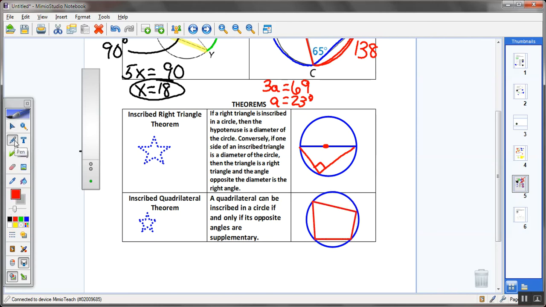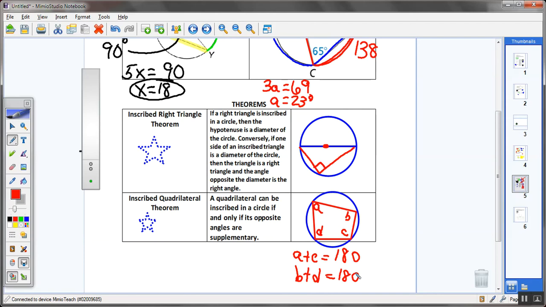It says a quadrilateral can be inscribed in a circle if and only if its opposite angles are what? Supplementary. If I call this A, B, C, and D, A plus C must equal how many degrees? And what's the other one? B and D. B plus D would equal, okay.